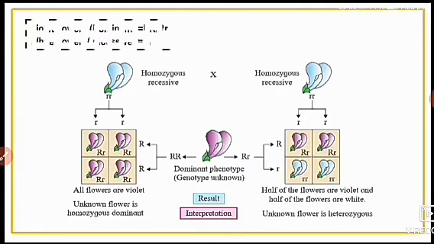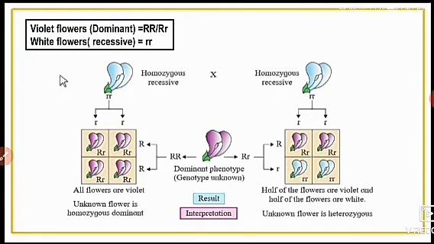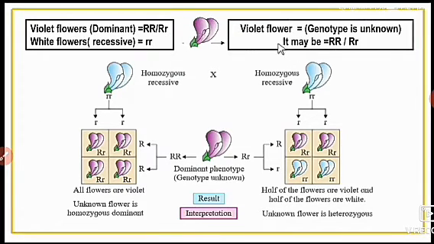And for example, we have studied here that violet flower is the dominant, but the genotype is unknown. We don't know whether it is capital RR or capital R small r. Now, see, this one is the purple flower dominant, and this one is the homozygous recessive parent.